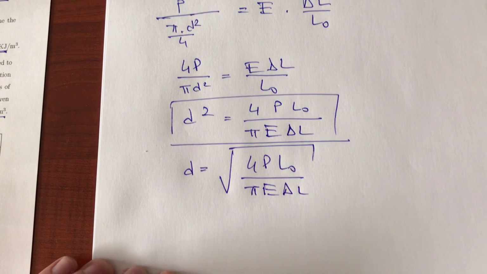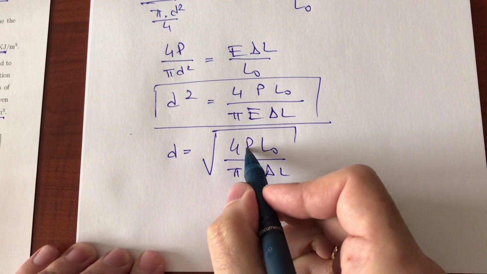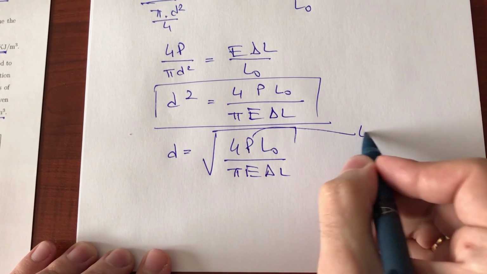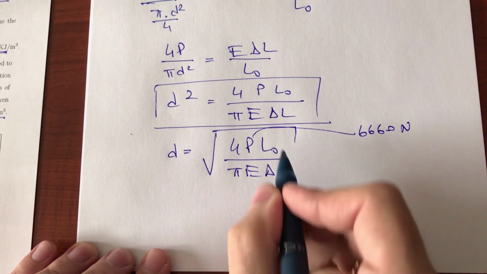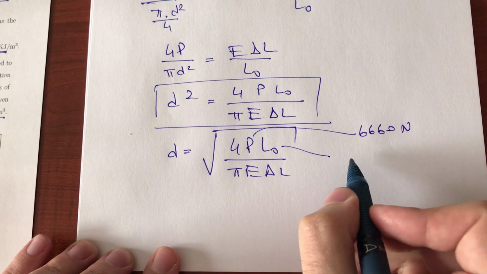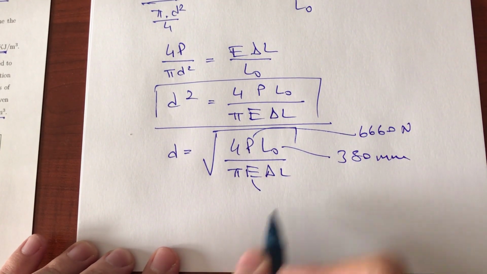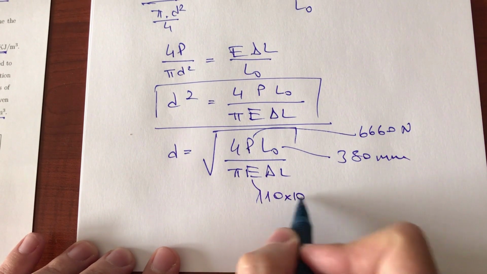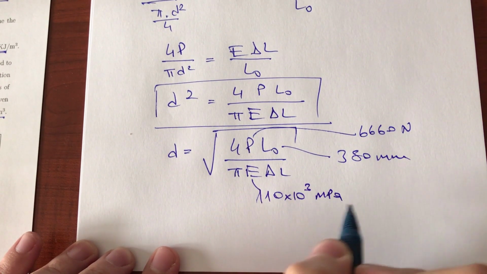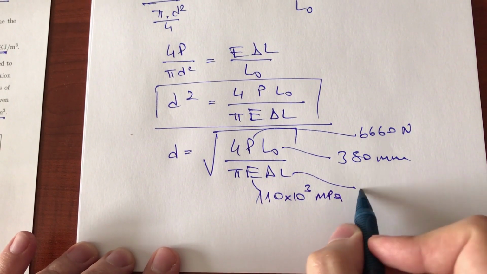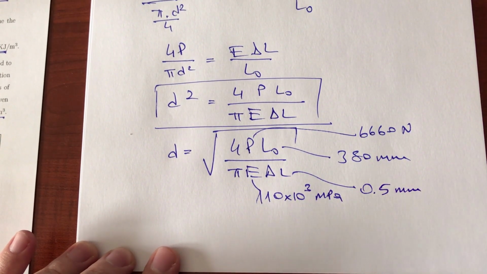the actual diameter. If you substitute these expressions for P, 6,660 newtons, for L0 we have 380 millimeters, for E we have 110 times 10 to the power 3 megapascals, for delta L we have 0.5 millimeters.